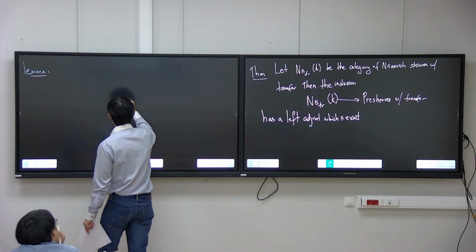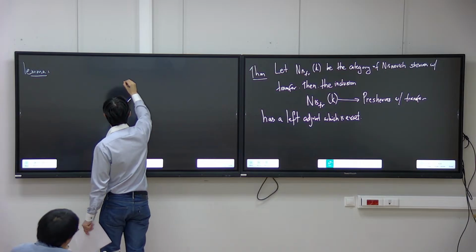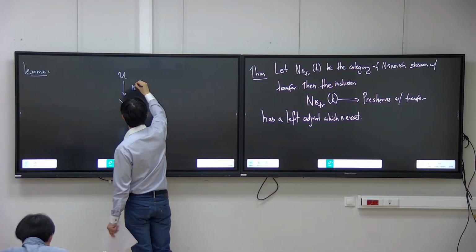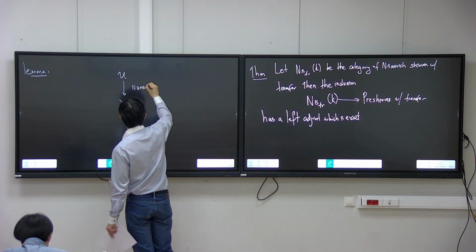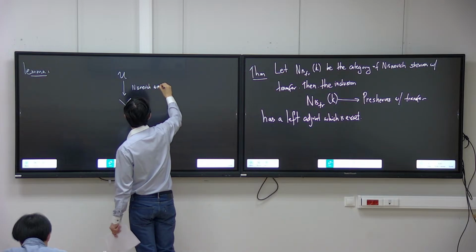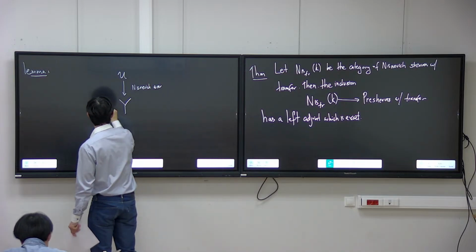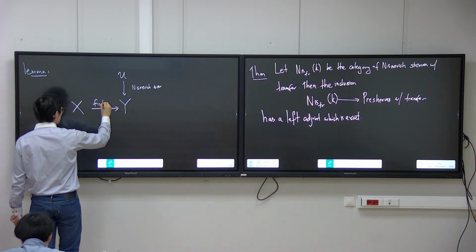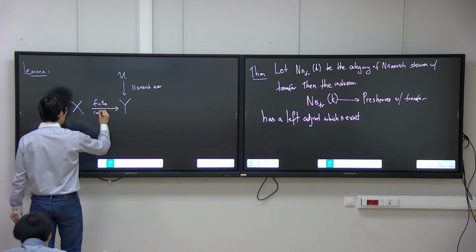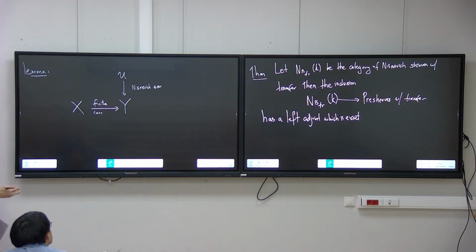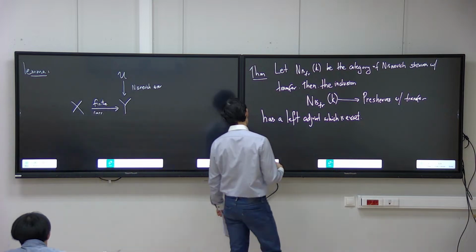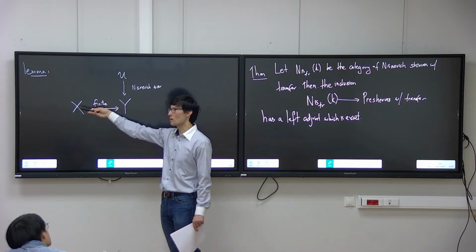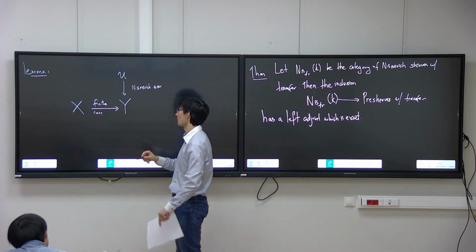Suppose I have a Nisnevich cover, and I have a finite correspondence. Then in a lot of the arguments you often have a finite correspondence composed with a Nisnevich cover, but it's helpful to swap them around in the following sense.